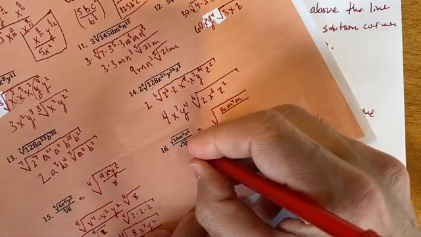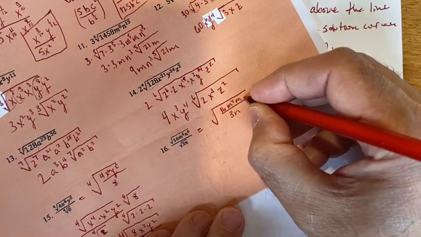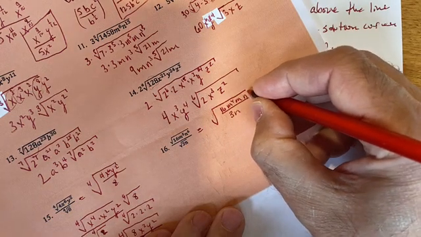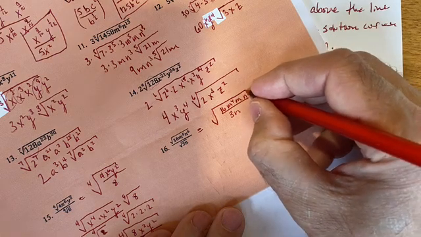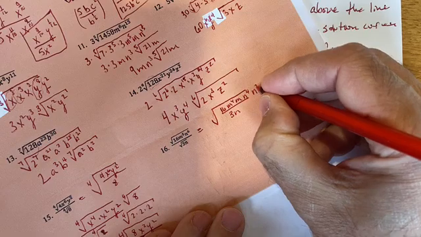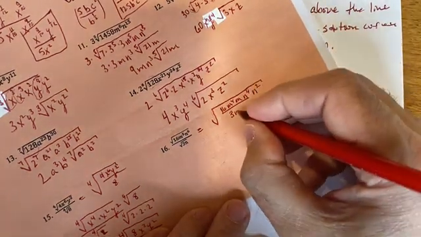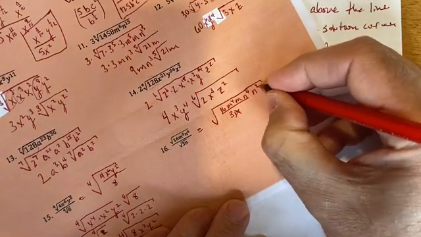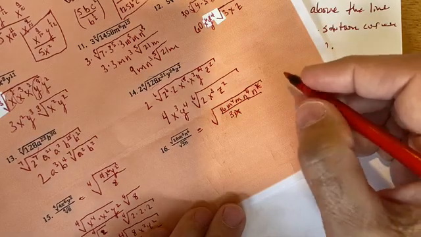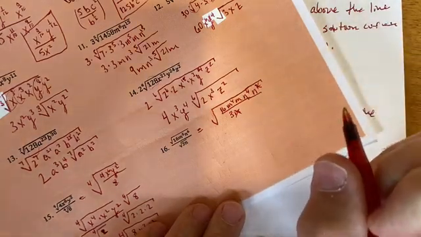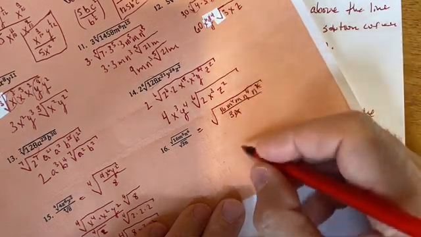And see this n will cancel. n to the 4th, n squared. And the reason why I separated that is because I'm going to cancel this n with one of these n's. Okay? So I think I'm ready to start simplifying.